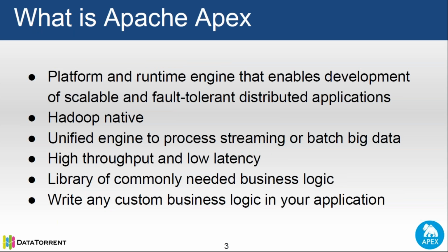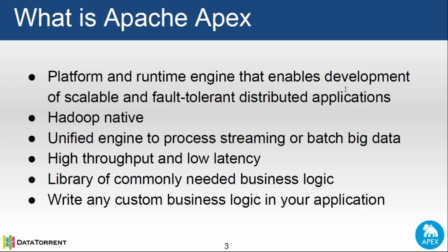So Apache Apex is a runtime engine, and it basically allows you to develop big data applications which are scalable and fault tolerant. This platform is a Hadoop native platform, so if you have YARN and HDFS in your cluster, you can use Apache Apex to build streaming applications. This is a unified engine, so it can process streaming data as well as batch data, so you can process data at rest as well as data in motion.